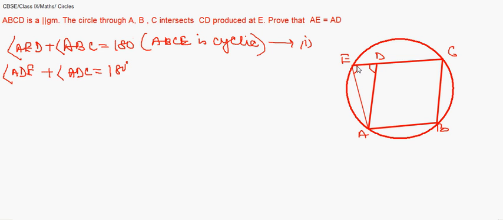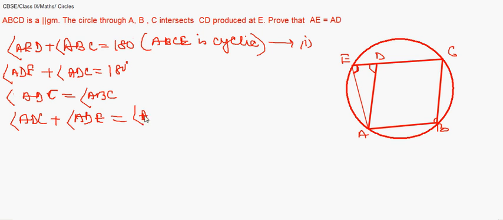Also, ABCD is a parallelogram, thereby making angle ADC equal to angle ABC. Now if I add angle ADC with angle ADE, I'll do the same on the other side by adding ADE.